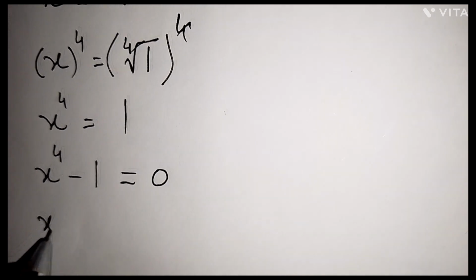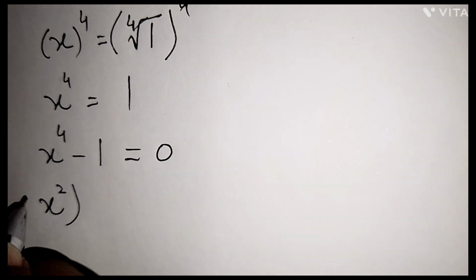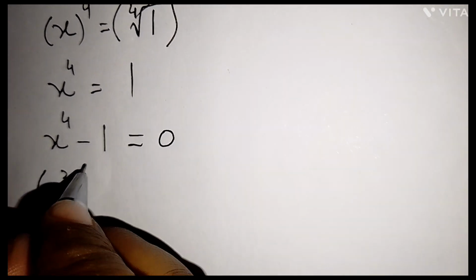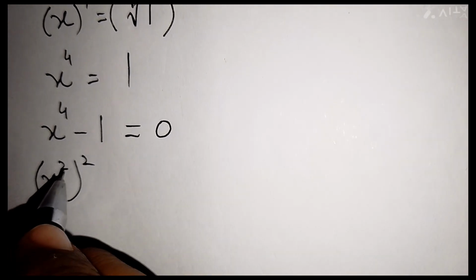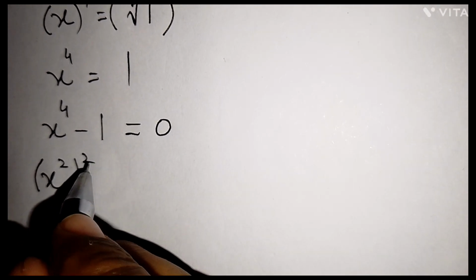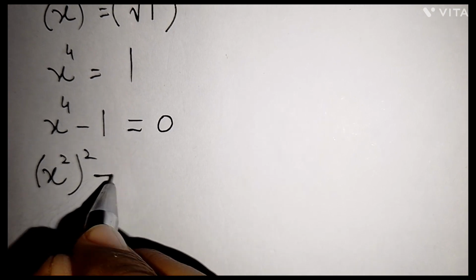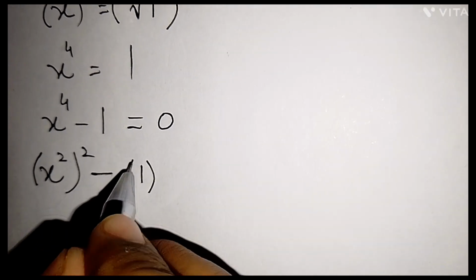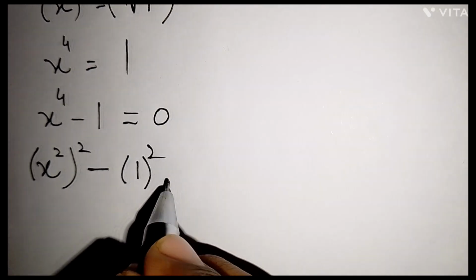We know that x power 4 means x square multiplied by x square, the power of 2. And we know that 1 is equal to 1 square.